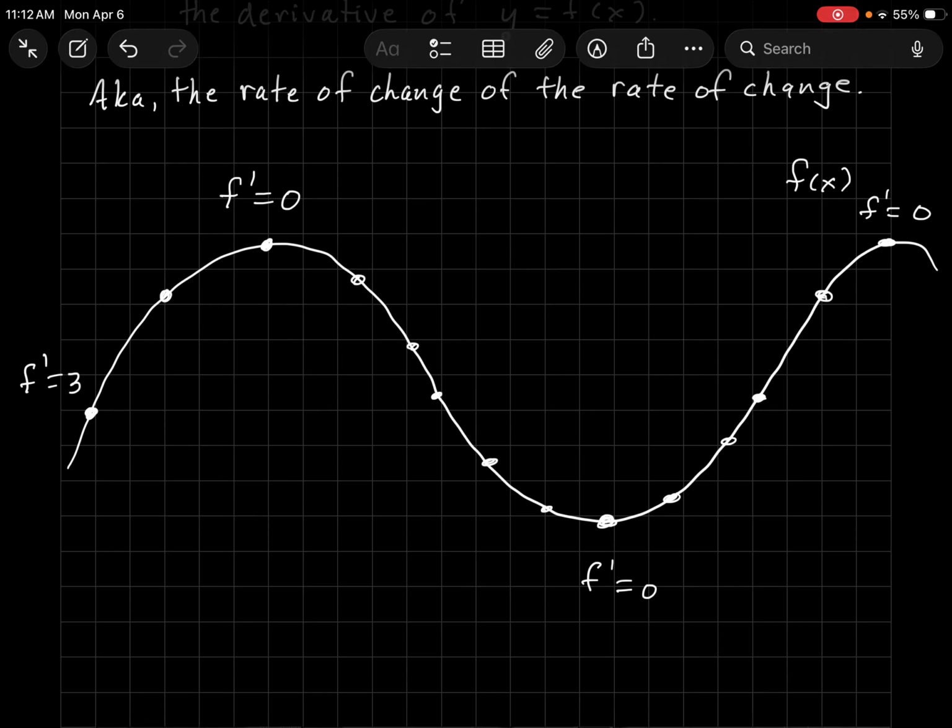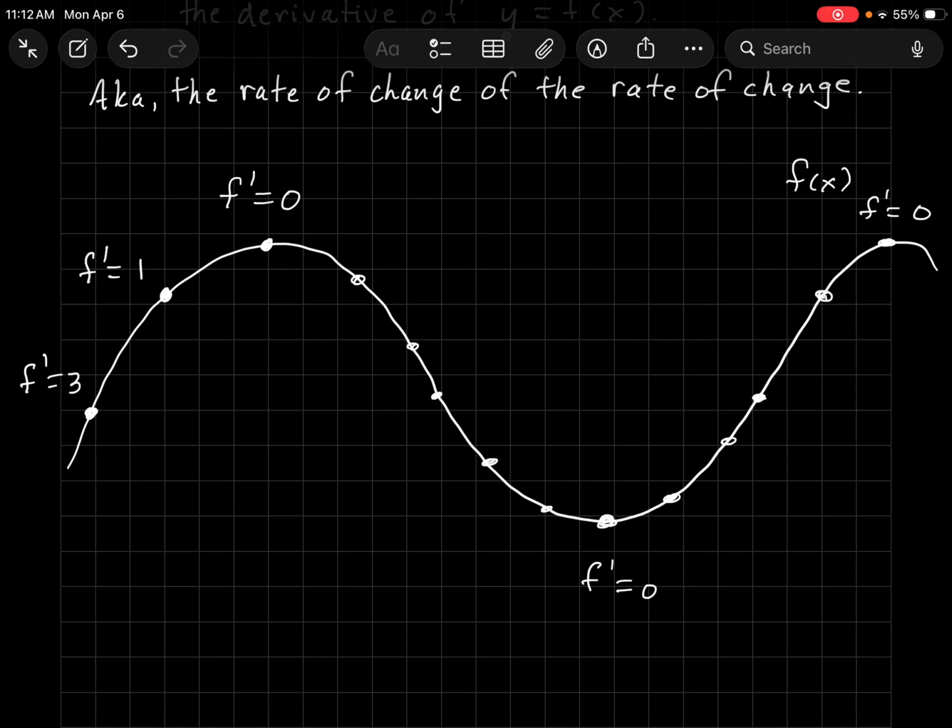Certainly it's positive since f is increasing. And at this next point here, I'd say that f prime is perhaps 1. Now you could have said 2, you could have said a half maybe, but you can't say f prime is 4 because f is flattening out. That is, the slope of f is getting smaller or decreasing.